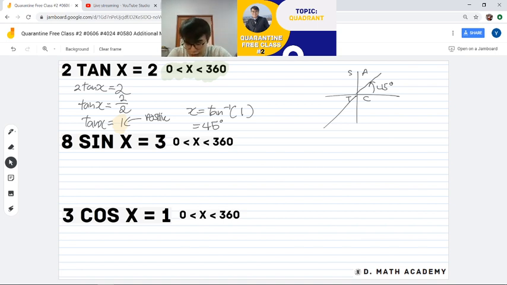To identify this, you're required to reflect this 45 degree to the opposite. You can treat this as the vertically opposite rule that you will learn. So to get this, we are required to take 180 plus 45. So your answer for this will actually be 225.